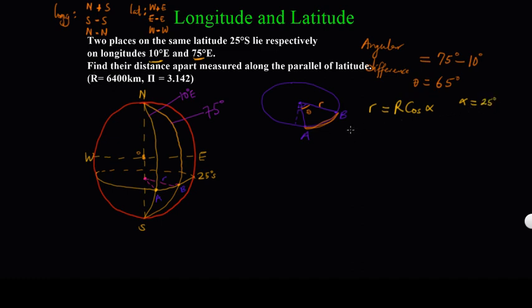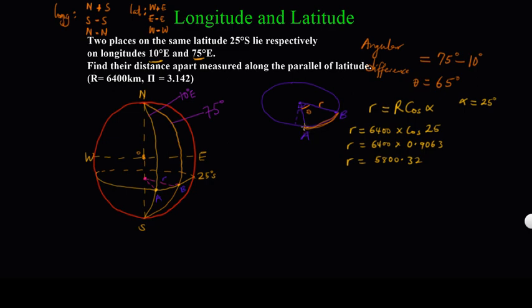So our r then is equal to 6,400 multiplied by cos 25 degree, which gives us 6,400 multiplied by 0.9063. That's the value of cos 25 degree, and our r will then be 5800.32. That's our radius for the small circle.